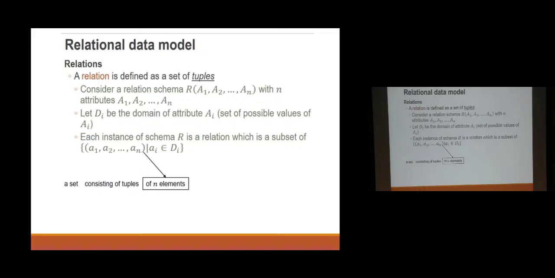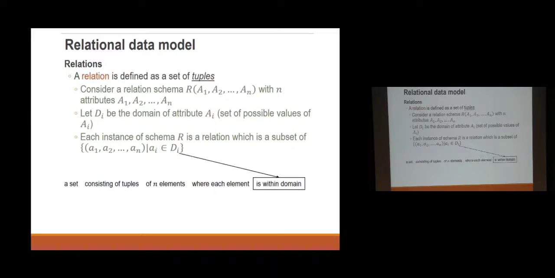Now, the other thing is that the vertical bar specifies the condition, and the condition only mentions that each of the elements, so each a_i over here, where i can be substituted with 1 to n, is within the domain.